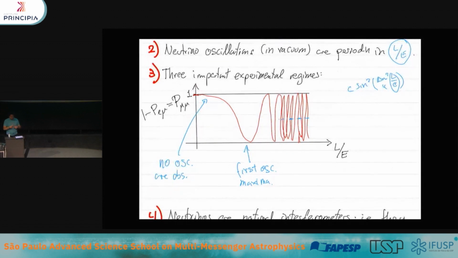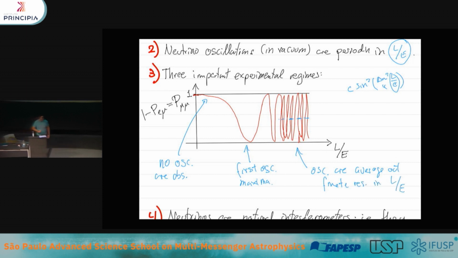And then as the L over E increases, the oscillations become more and more rapid, and we end up with a third regime, which is the regime where oscillations are averaged out due to finite resolution in L over E. Okay? So I have an error on my length from my detector position to detection.